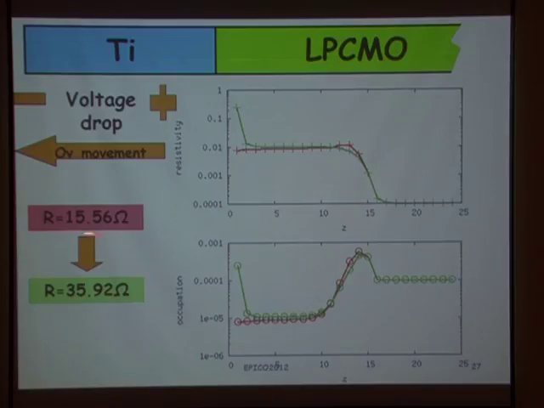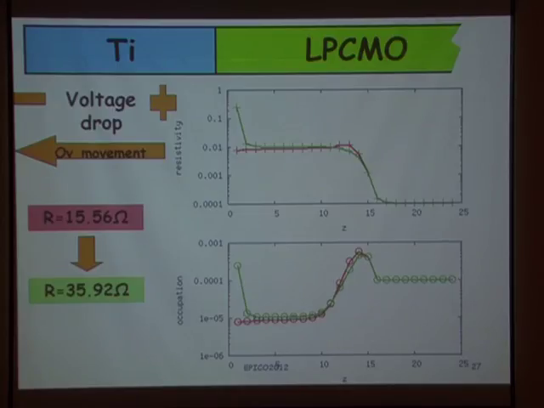This is, for example, the red value of the total resistance. You apply a voltage that drives vacancies inside your interface. You enlarge the local density of vacancies, so the resistance of the interface is going to be increased. I'm now focusing on one interface.